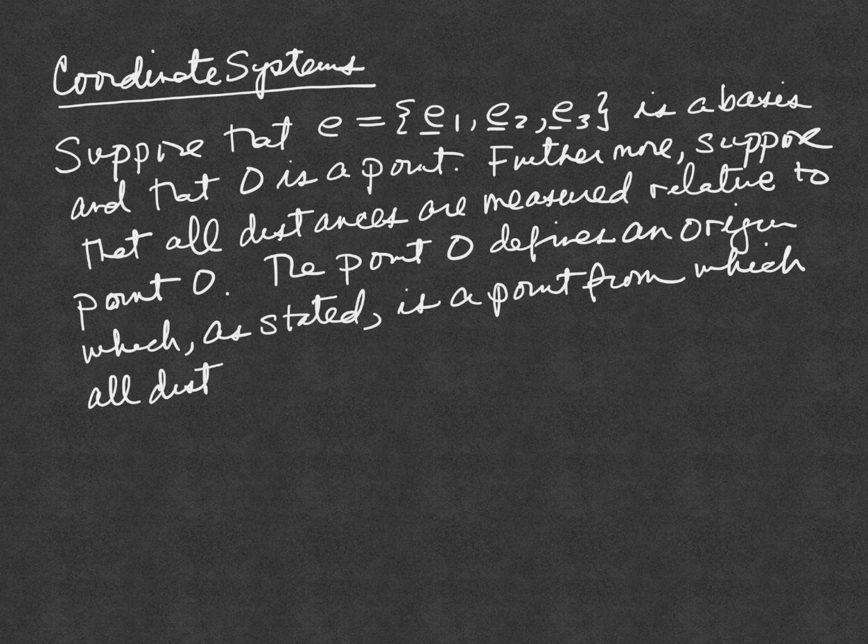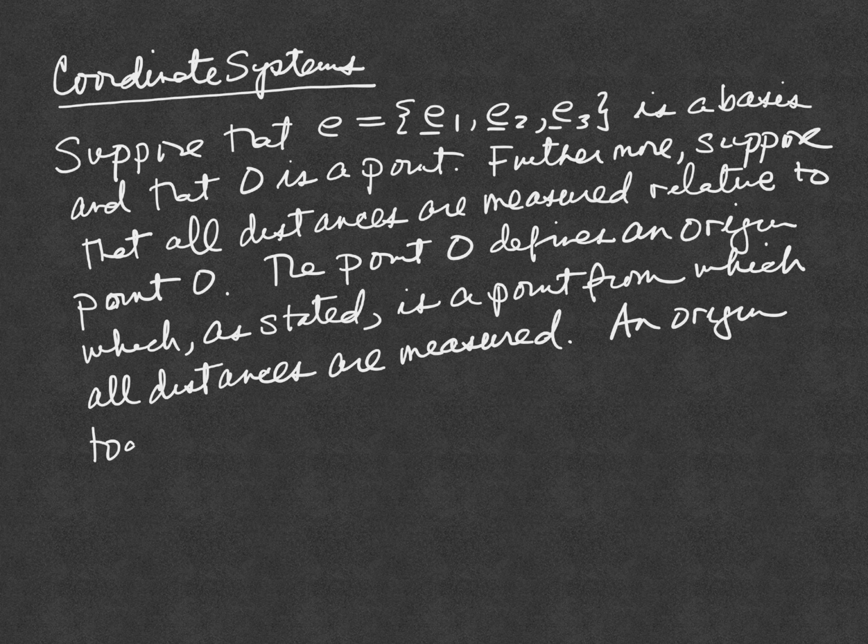I know that sounds a bit repetitive, but it's important to understand that that point is actually called an origin. So an origin together with a basis is called a coordinate system.